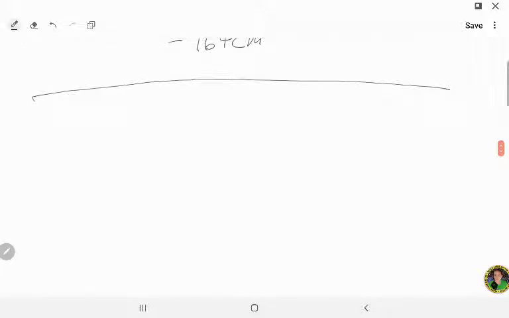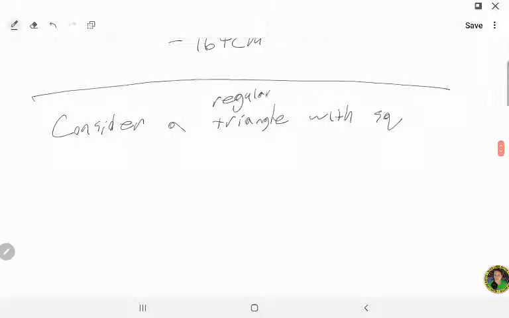We notice that if we had, let's consider a regular triangle with squares attached to each side.